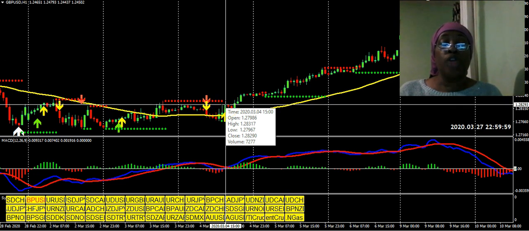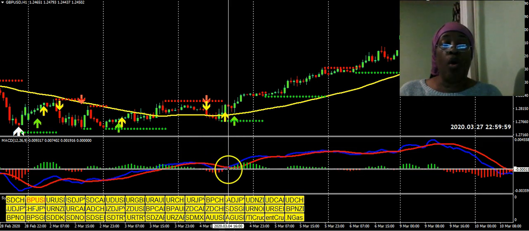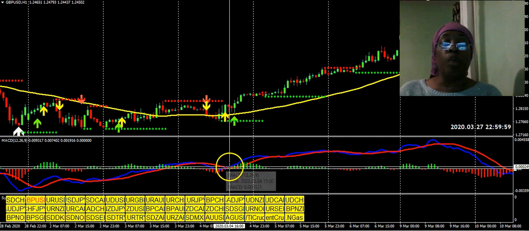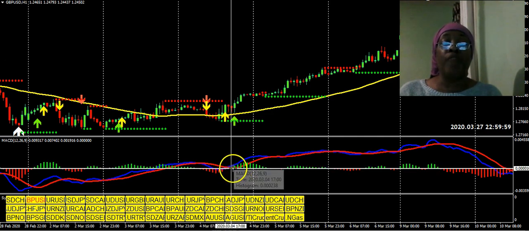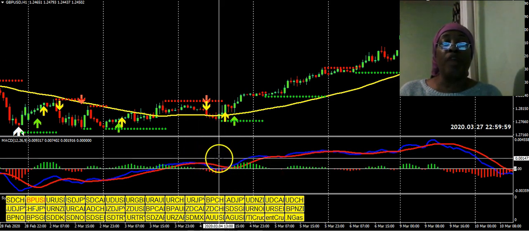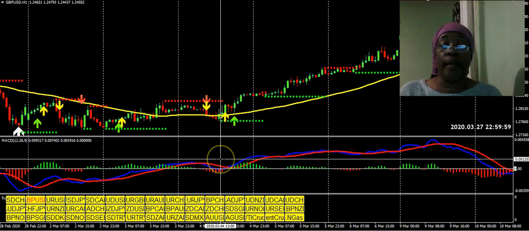Okay, so with that, you can actually take that trade, or you can wait until you can clearly see your blue MACD line that is above the red line. Anytime that your moving average is above your volume indicators, you're in buyer's territory.